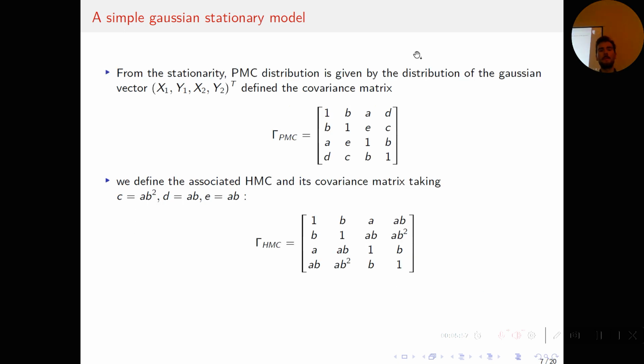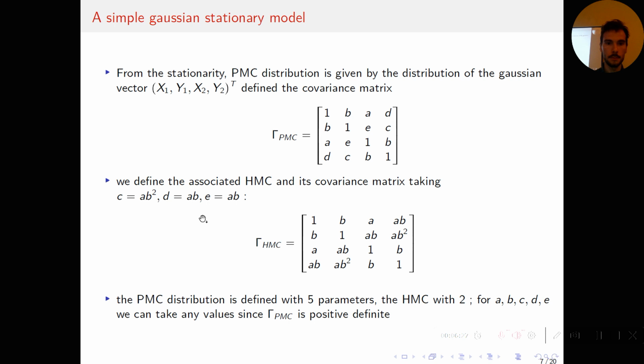So two remarks. From the stationarity, it is important to say that the entire distribution of our pairwise Markov chain is defined only by the beginning of the chain, defined by this covariance matrix, and we can find the HMC case, which is a subcase of PMC, taking these values for C, D, and E. So we can see that PMC is defined by 5 parameters.